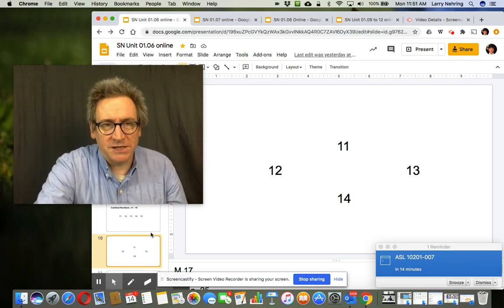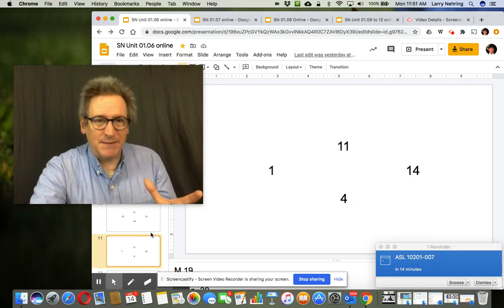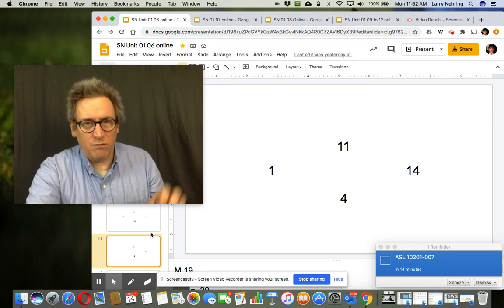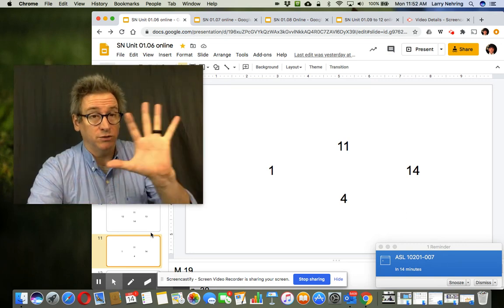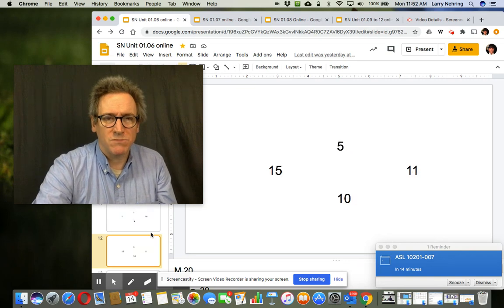It seems very simplistic. Again, in class, it makes a lot more sense. Number recognition and spatial use. But online, it's not as useful.